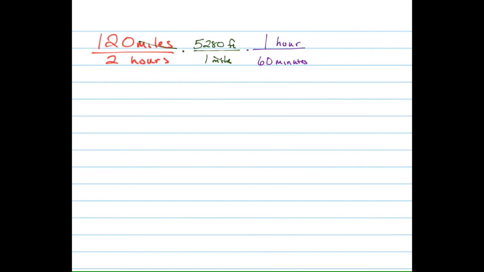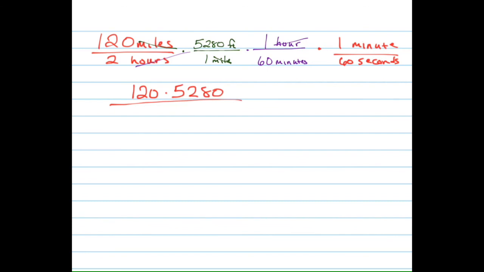Then since we've canceled out hours, we can go from minutes to seconds. And we put minutes on top. 1 minute is 60 seconds. So when we multiply this fraction out, we're going to have 120 times 5,280 on top.